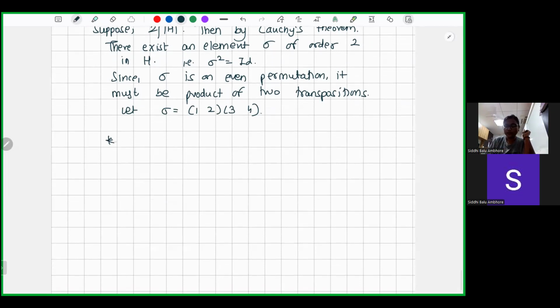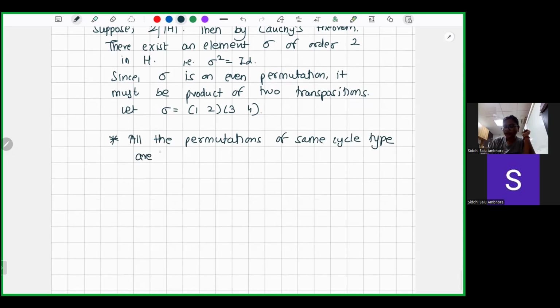And we also have this, that all the permutations of the same cycle type are conjugate of each other.